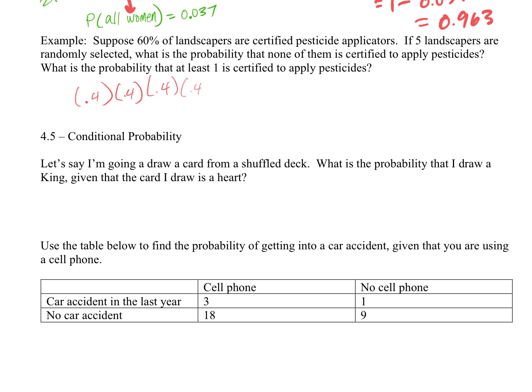So the probability of none would be 0.4 to the fifth. So the probability of at least one would round to 0.990. Okay.